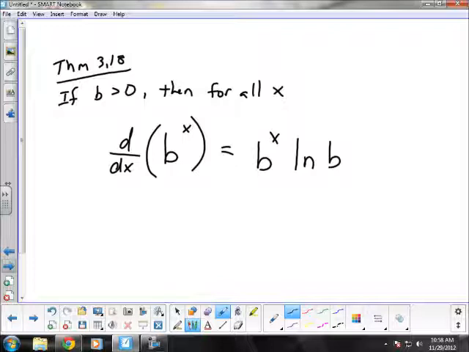Okay, that's just the pattern. If it's a number raised to a power, then the derivative is the number raised to the power still, but it's multiplied by the ln of the number.